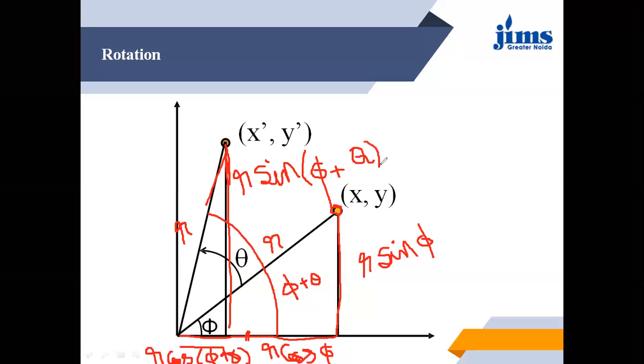So when I find the values of x and y in terms of angle phi, x is r cos phi and the value of y is r sin phi.